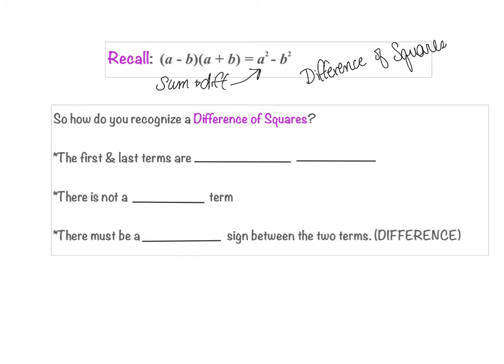What happens is that the outer term and the inner term are opposites, and opposites always add up to 0, so therefore we do not have the middle term.